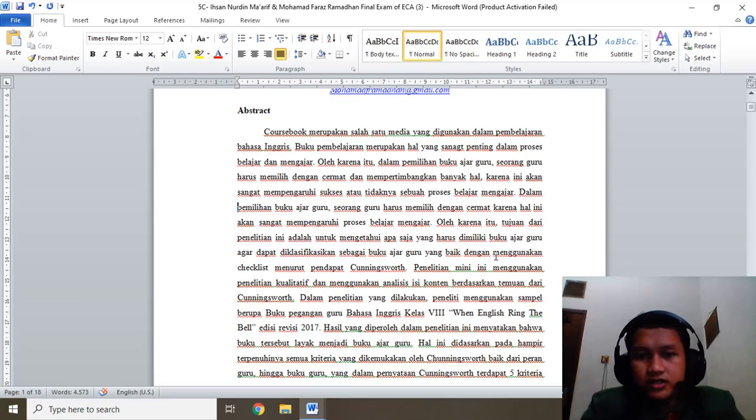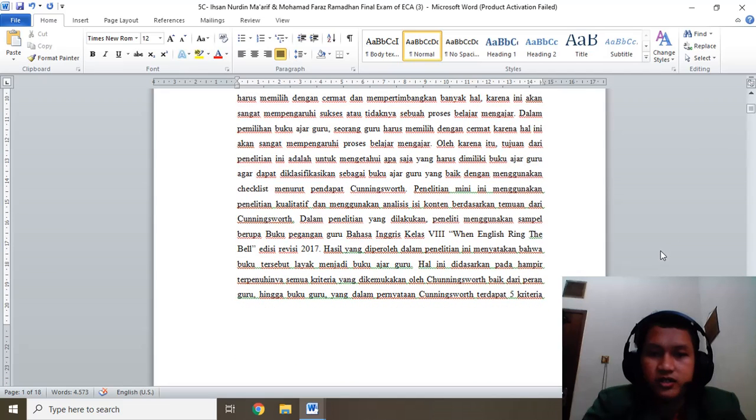In this research, the purpose is to know the criteria, or what a book must have, to be a good teacher's book according to the checklist from Cunningsworth's statement. We conducted it as qualitative research, and the sample is the buku pegangan guru bahasa Inggris kelas 8, When English Rings a Bell, revised edition 2017.